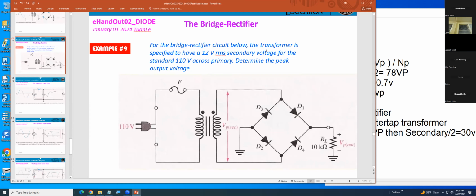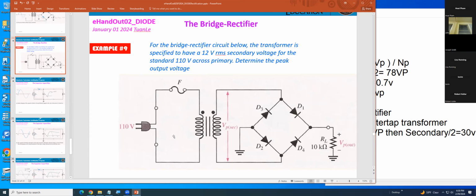Okay, for the bridge rectifier circuit below, the transformer is specified 12 volt RMS secondary voltage for the standard 110 volt across primary. They want to know the peak output voltage. Determine the peak output voltage right here.